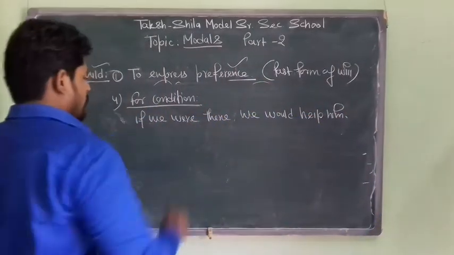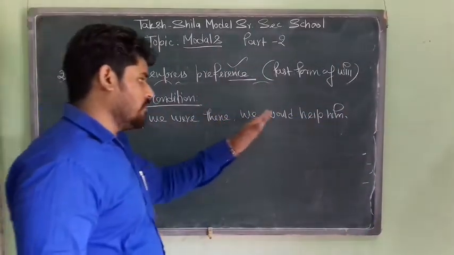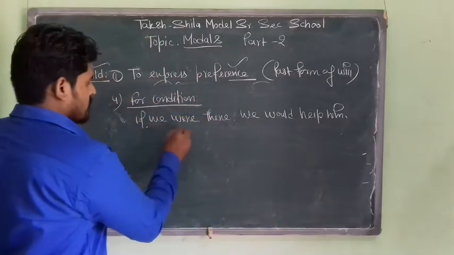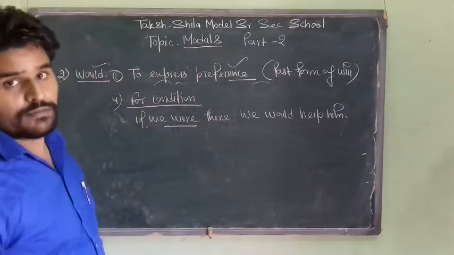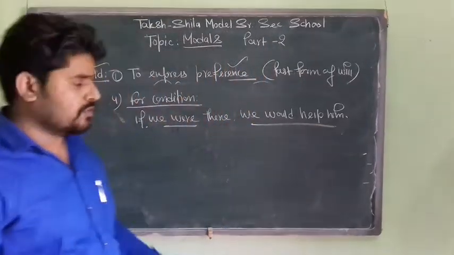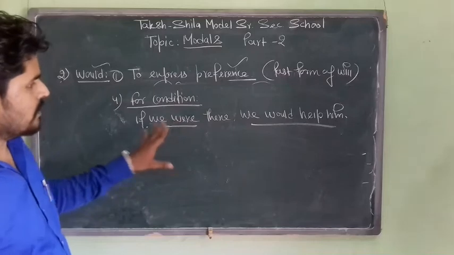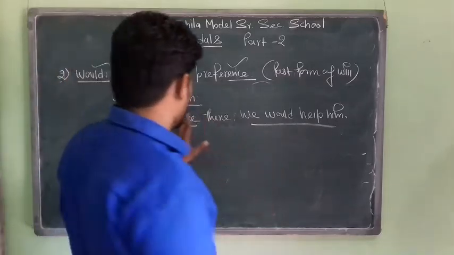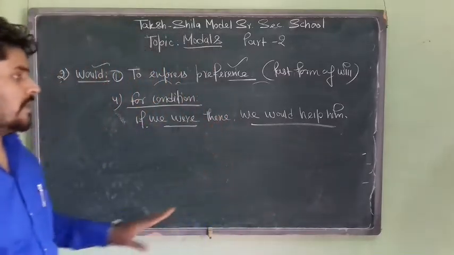So here the speaker wants to say if we were there, we would help him, but unfortunately the speaker was not there. The speaker was not there, and that is why he could not help him. So this is the improbable condition, right? So the speaker was not there, that is why he could not help him.